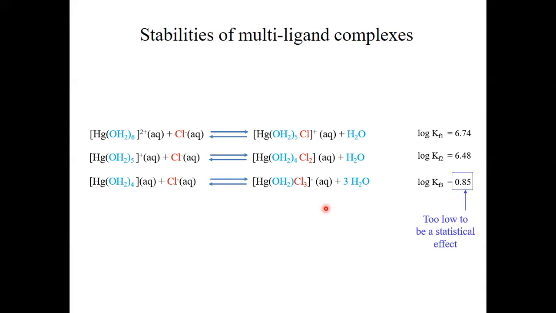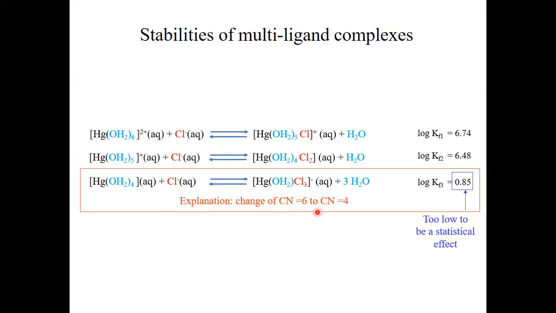All right. So here's just a summary. We have too low of a value to be a statistical effect, and the explanation for that is the change of the coordination number from 6 to 4.